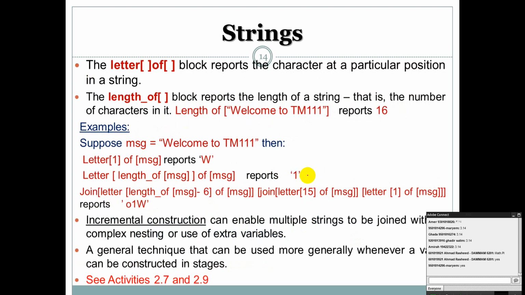The strings also have many different types of methods. For example, it has this letter of method. This reports the character at a particular position in a string. For example, if the message is welcome to TM111, and you want letter 1 of the message, what is the first character?